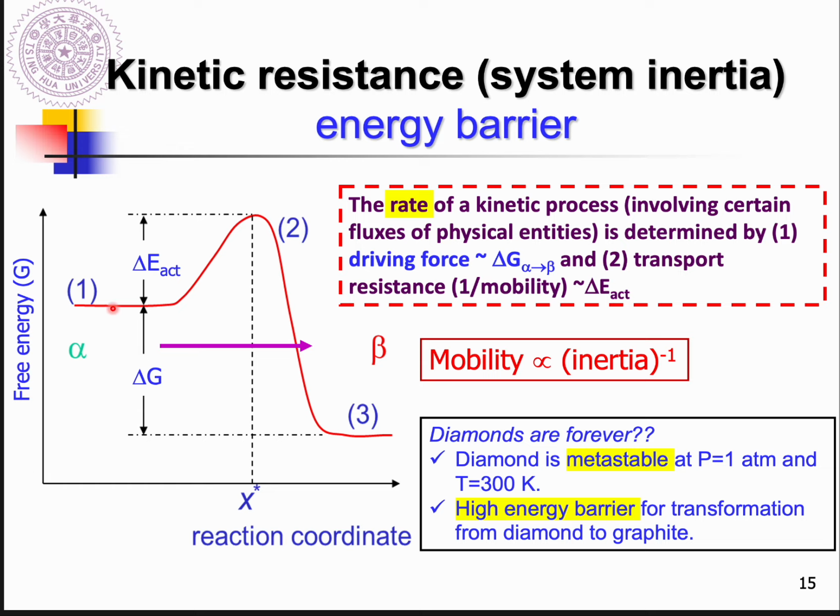In this case, for diamond becoming graphite, the key point here will be the energy barrier is very, very high. So with a higher energy barrier for transformation from diamond to graphite, that means the reaction rate is very, very slow. Right? So that explains why we don't have a chance to visualize our diamond ring becoming a graphite ring.